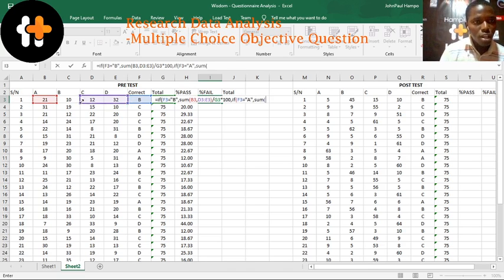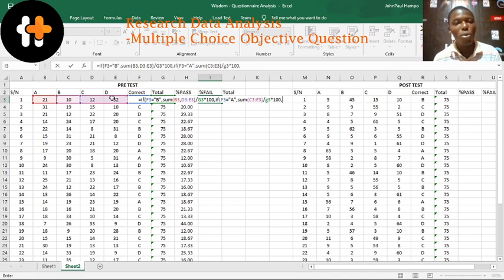B to D, good, divide by the total. The total is G3, divide by the total, which is G3, good, multiply by 100.